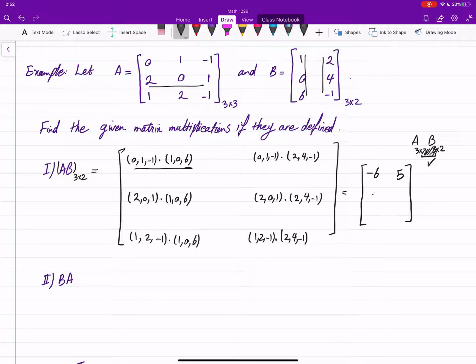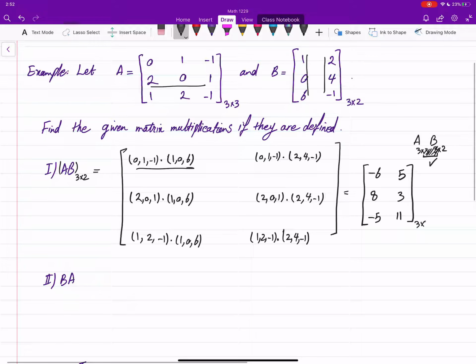Then you do 8 here, and then you do the product, and you get another 3, -5, and 11. So this is that 3 by 2 matrix that the product must be.